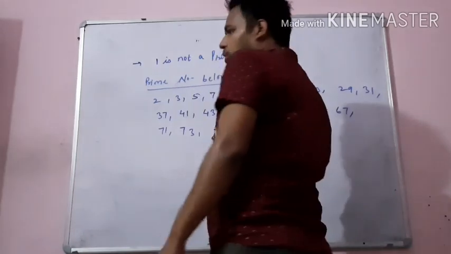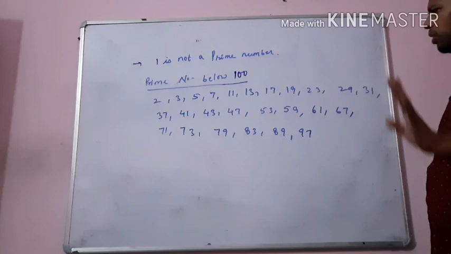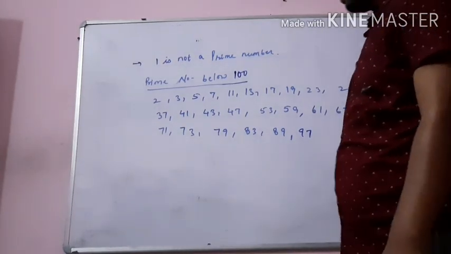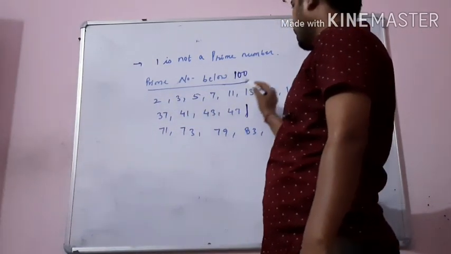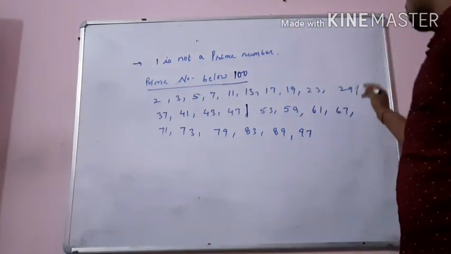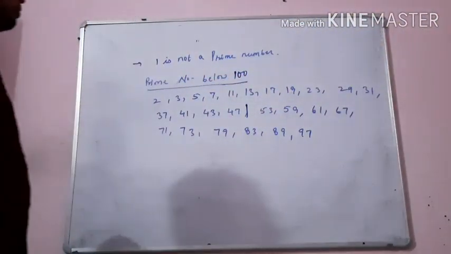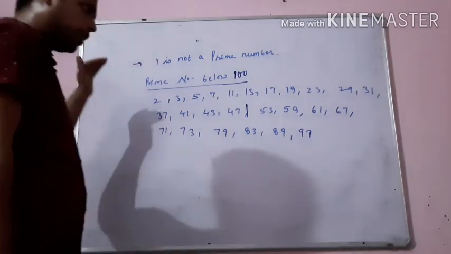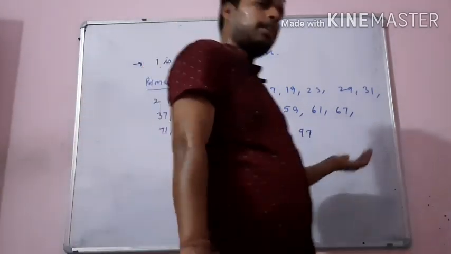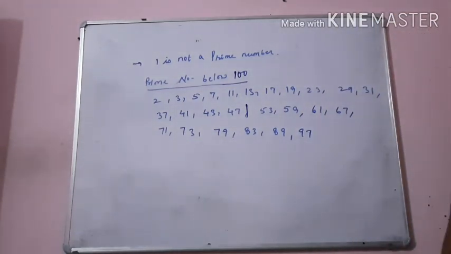Suppose you are asked to write prime numbers below 100, or prime numbers less than 15. These numbers have factors 1 and the number itself, so each has only 2 factors.